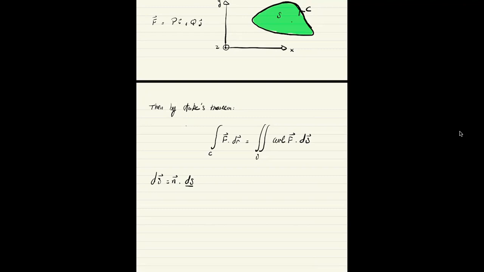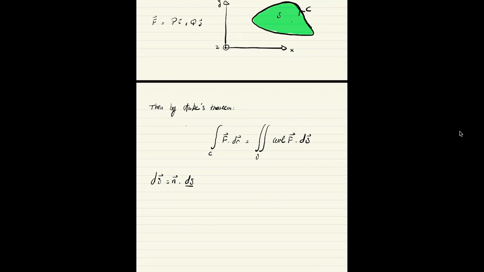It's a vector field because it's a surface that lies on the xy plane. So what is the normal vector? You don't need to compute it. Normally what you would do is take the parametric surface, compute Ru, compute Rv, take the cross product, divide by the norm, and that's going to give you n. You plug in here, and you do the calculation.